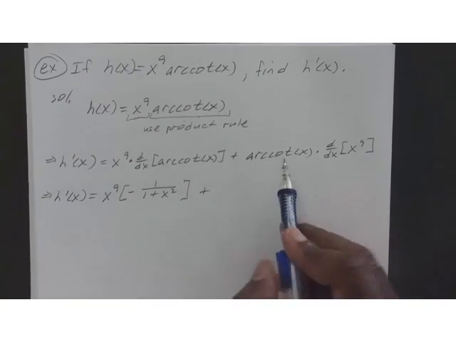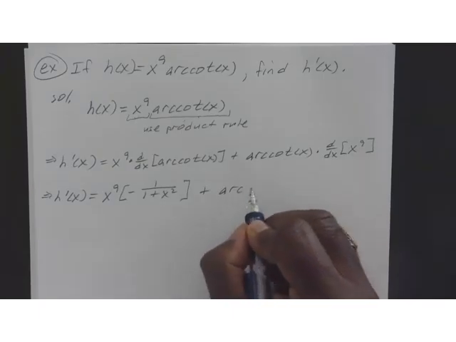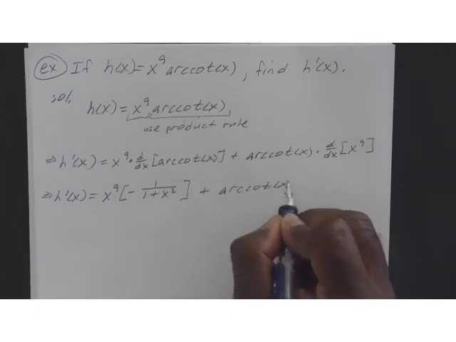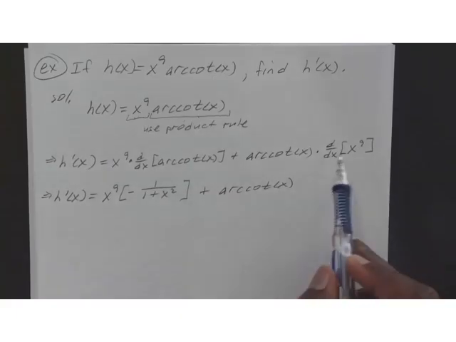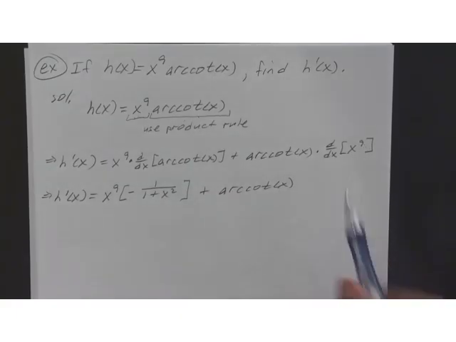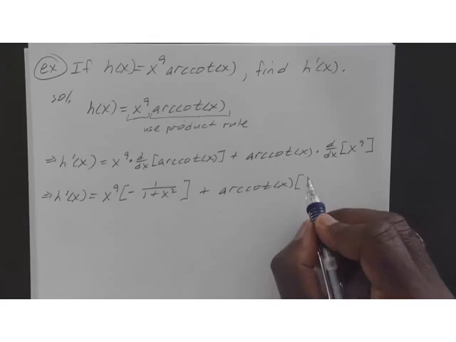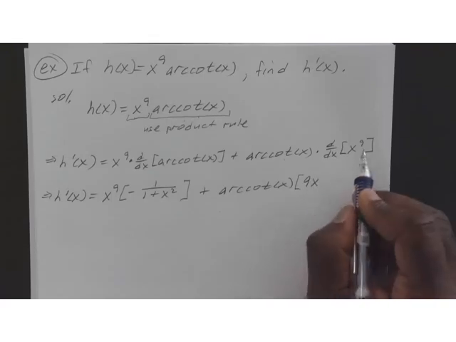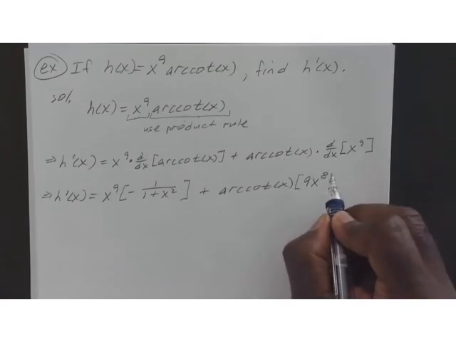Plus arc cotangent of x times the derivative of x to the 9th power, using the power rule for derivatives. That's 9x to the power of 9 minus 1, which is 8.